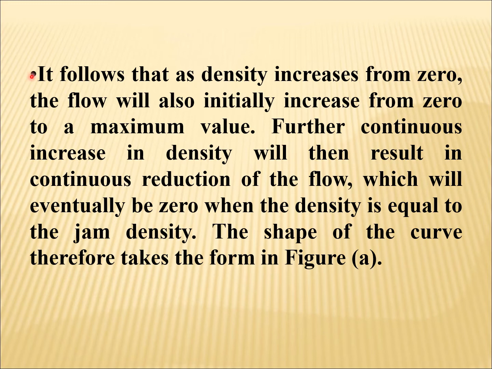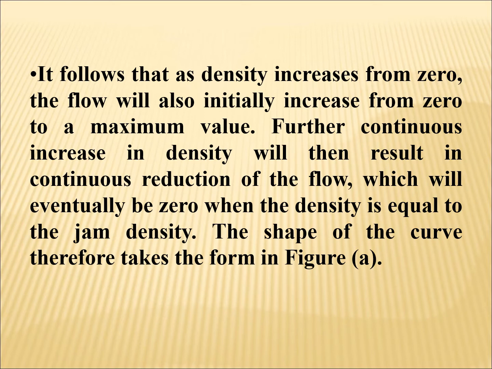It follows that as density increases from zero, the flow will also initially increase from zero to a maximum value. Further continuous increase in density will then result in continuous reduction of the flow, which will eventually be zero when the density is equal to the jam density. The shape of the curve therefore takes the form in figure A.